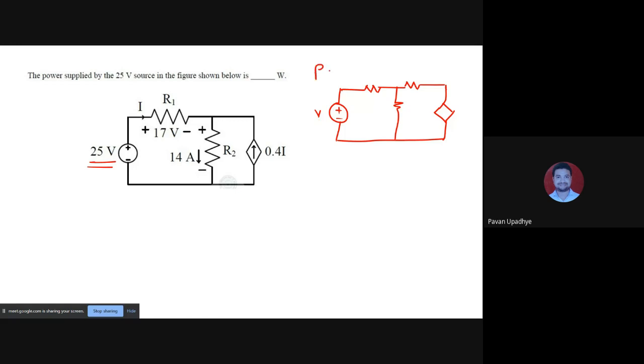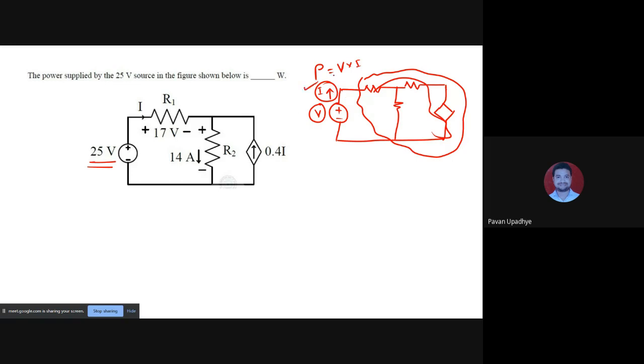Because the power supplied by the source can be found by knowing its voltage V and the amount of current coming out of that source. If you know these two things, you don't need to bother about what is connected across it. But sometimes, to find this current, we have to bother about what is connected.